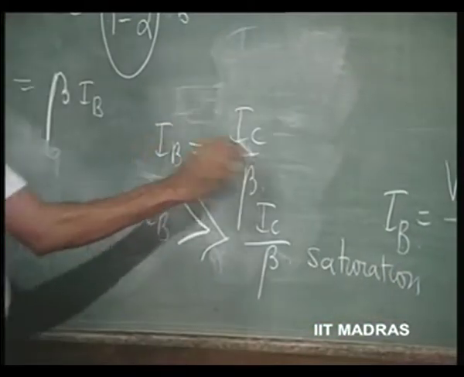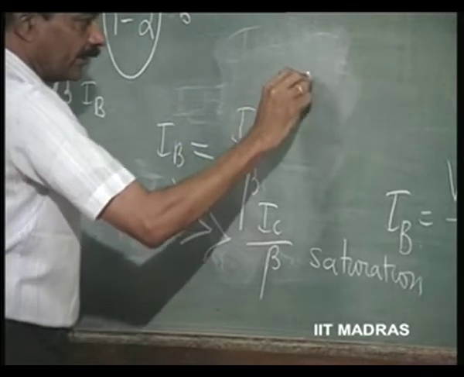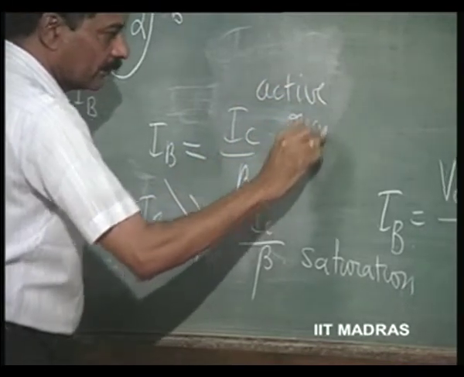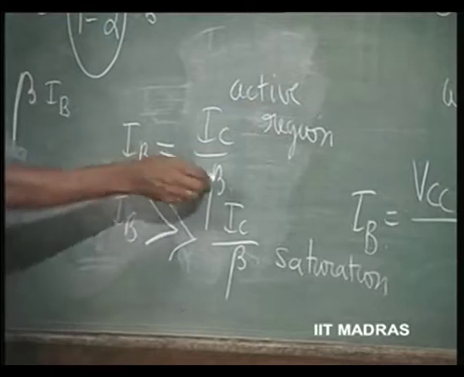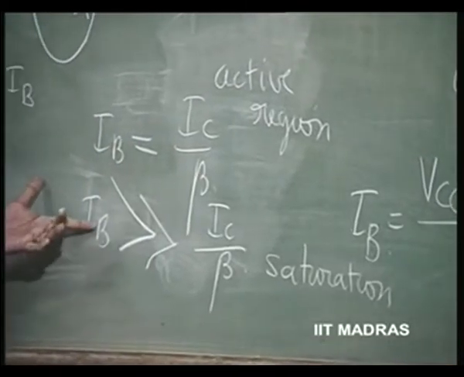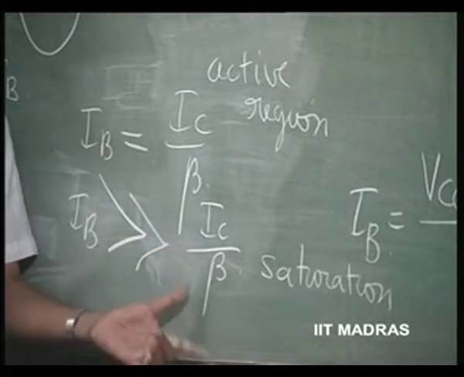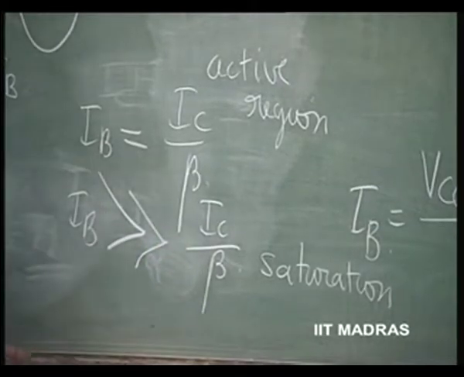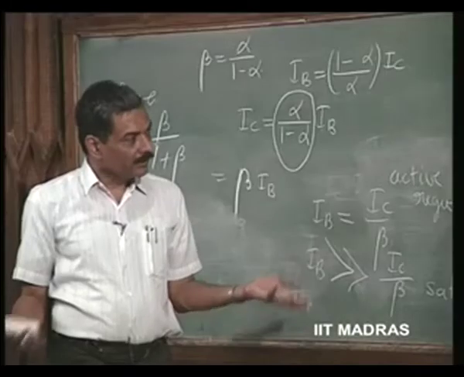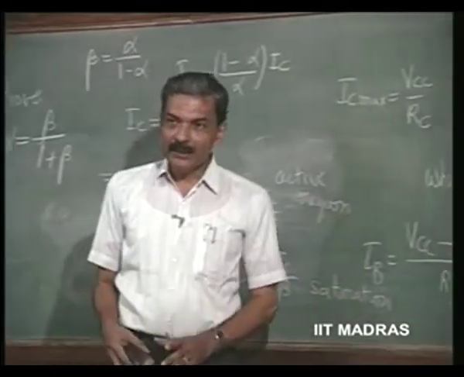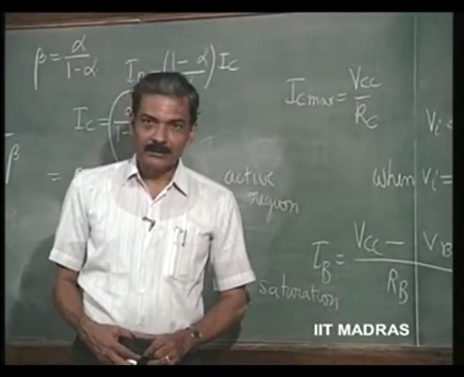That means, in this case the transistor is in the active region, because transistor action still takes place. But if IB is much greater than IC by beta, transistor action does not take place. Why? That is because both junctions are getting forward biased.